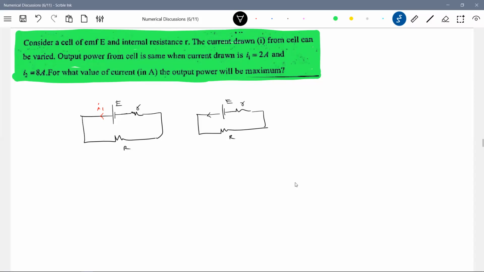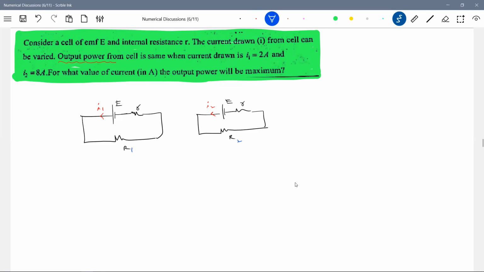I'll come to that first. Can we assume something like this? What do you mean by output power? Shall I write R only or R1, R2? It should be R1, R2.